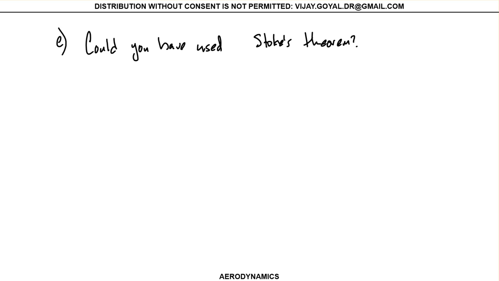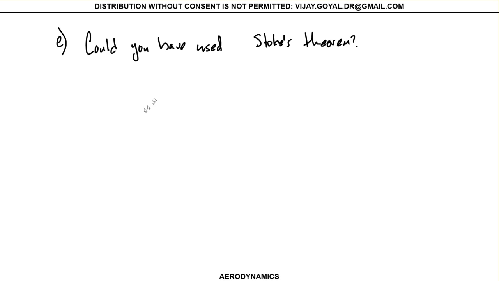So the last question is, could you have used Stokes' theorem? The answer is, if we think about this for a moment, I know I can use it if my loops are reducible. If my loops are reducible, I can reduce my loop to a point. If I cannot, then it's not possible.